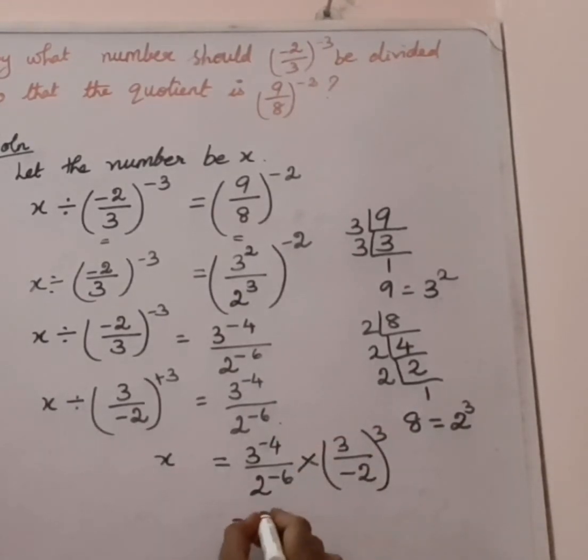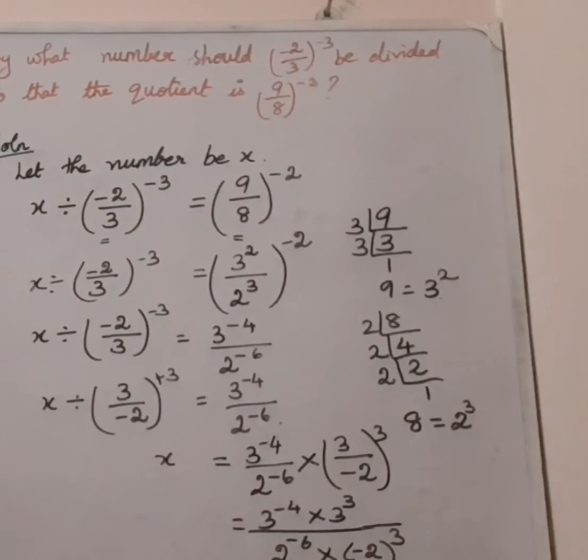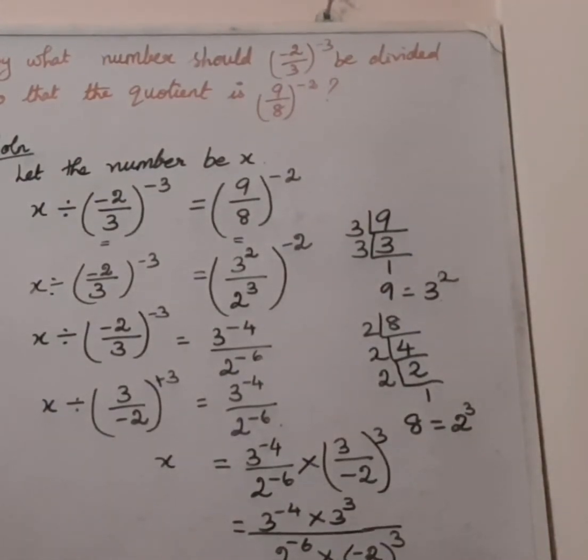Now, 3 power minus 4 into 3 power 3 divided by 2 power minus 6 into (minus 2) the whole power 3. Okay. Now, the next step we want to do.